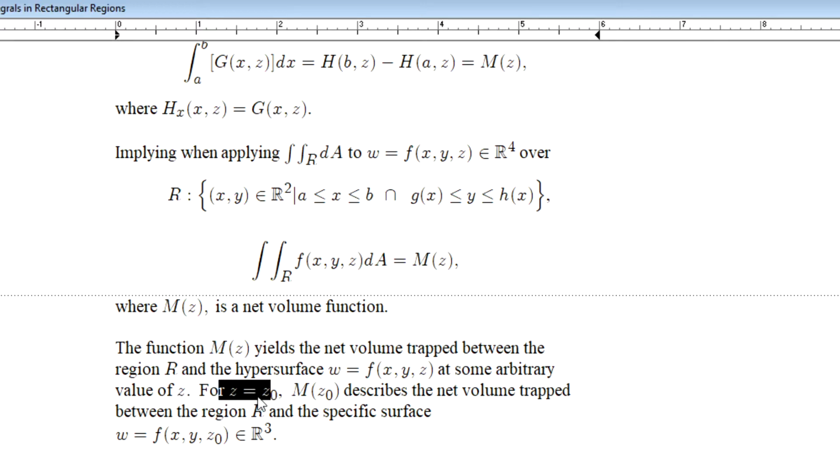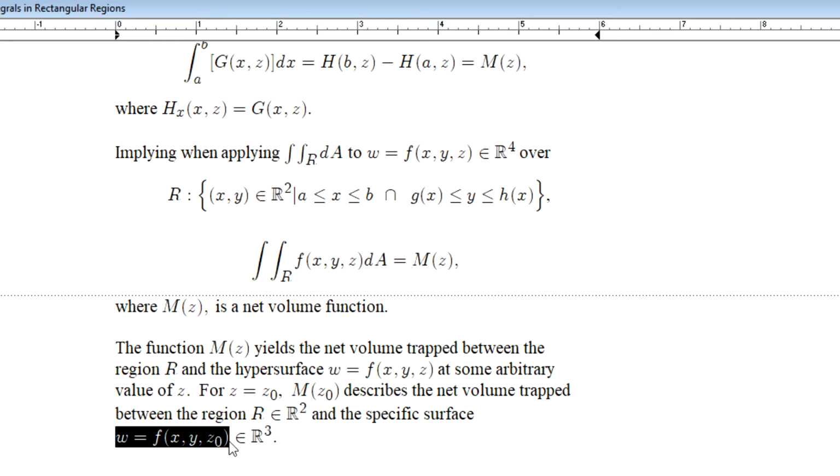For values where z is specified to be equal to z null, m at z null describes the net volume trapped between the region R, which we might point out is contained in two-dimensional space, and some specific surface defined by this multivariable function here, defined by w, where w was our multivariable function of x, y, and z, where the z value is now specified to be z null.